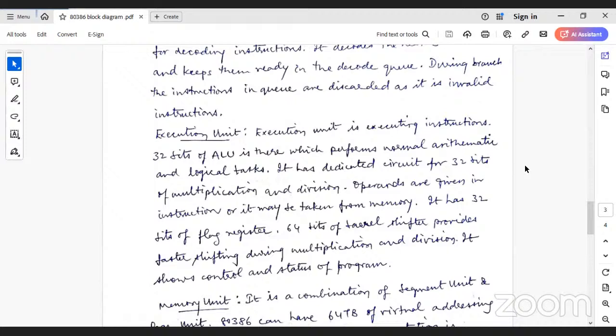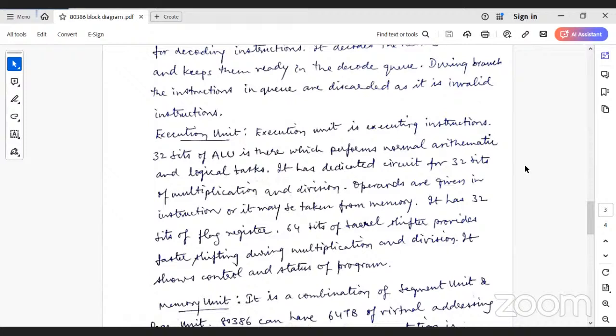Operands are given in the instruction, or they can be taken from memory. Now, if you see the instructions, as you have seen in your 8085 also, directly the accumulator can have the result, or you can say STA 3050H, which means it will store the contents of the accumulator in the memory location whose address is 3050H.